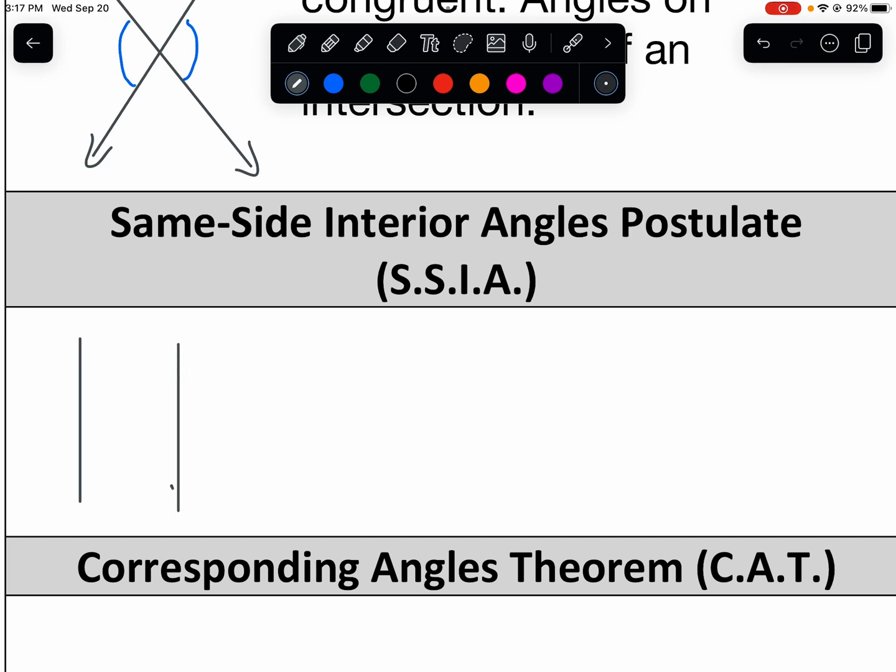And with those parallel lines, I'm going to put the arrows to show that they're parallel, as well as the transversal cutting through them. So if I take a look at angles 1 and 2, angle 1 and 2 are supplementary.